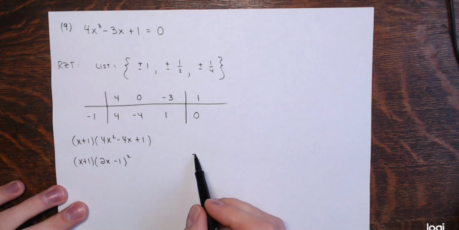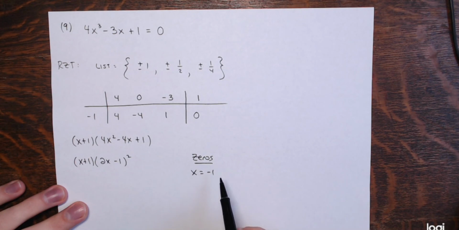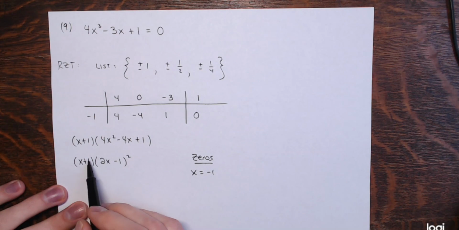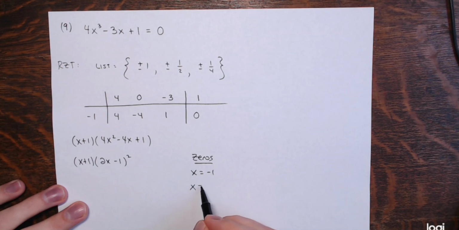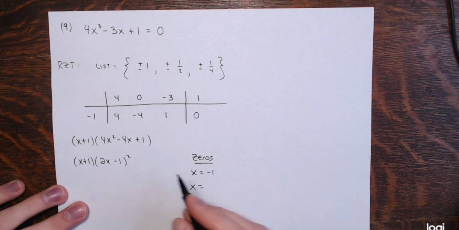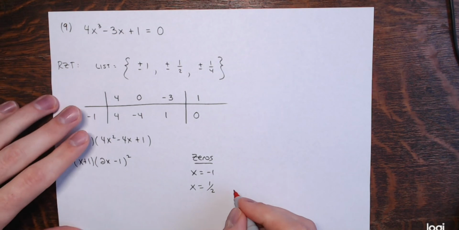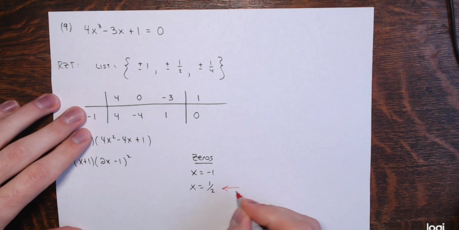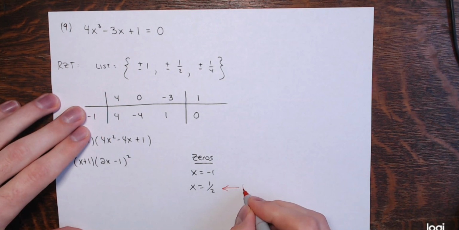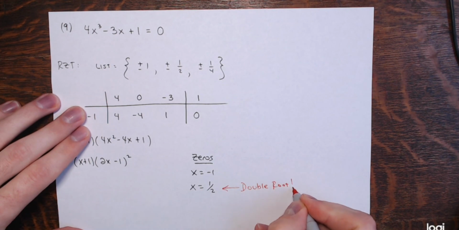So I can easily state the zeros now. The zeros are x equals -1, and that has a multiplicity of 1. There's only one factor, x plus 1. And then 2x minus 1, what makes that 0 would be +1/2. But again, that's a double zero, a double root. It has a multiplicity of 2, there are 2 factors. A double root, a double zero. And there we go.